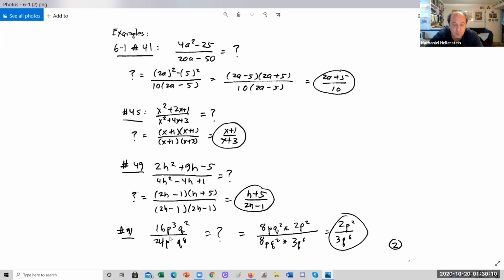We have p cubed and p to the first, so pull that out, leaving a p squared in the numerator, no p's whatsoever in the denominator. Q to the second over q to the eighth, pull out a q to the second, leaving no q's in the numerator, q to the sixth in the denominator. The 8pq squareds cancel, leaving what's here, 2p squared over 3q to the sixth.